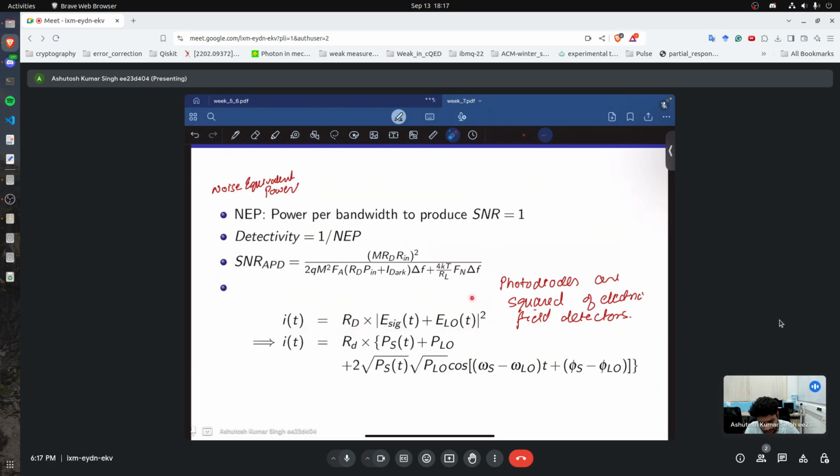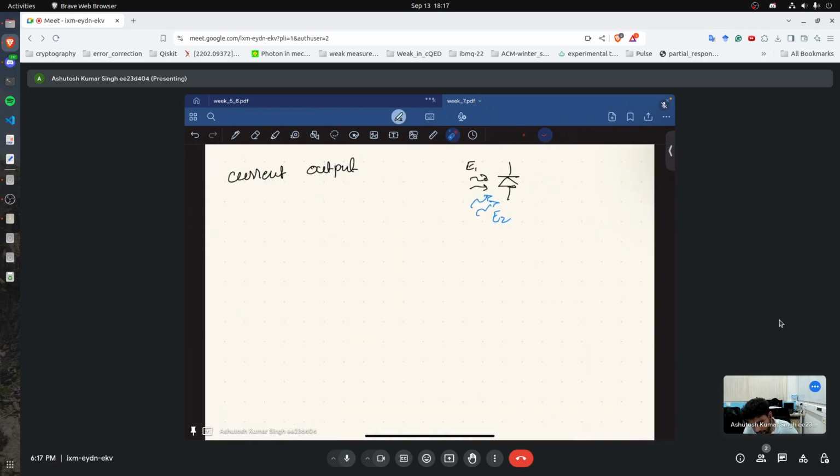This has specifically been done in the case of homodyne and heterodyne detectors, but it is important to understand that the current output, which is given by I itself, is R_D times the electric field squared. So let me put it this way: if E is the electric field falling on this, then I1 is E1 squared, and I2 is E2 squared.